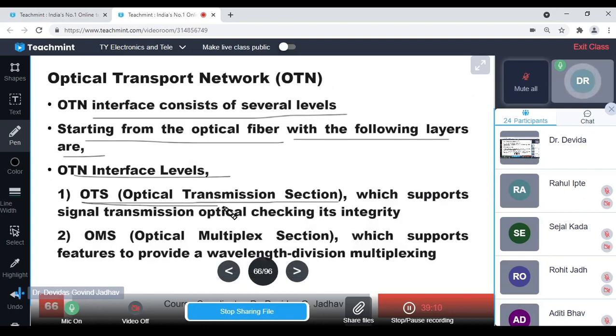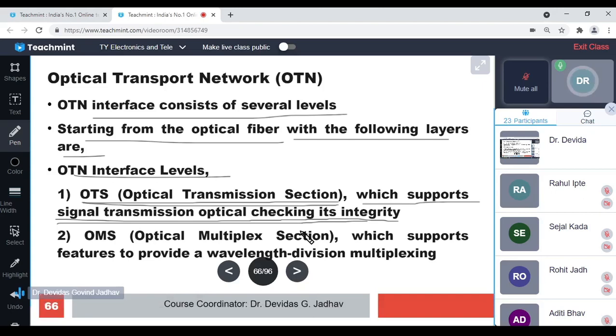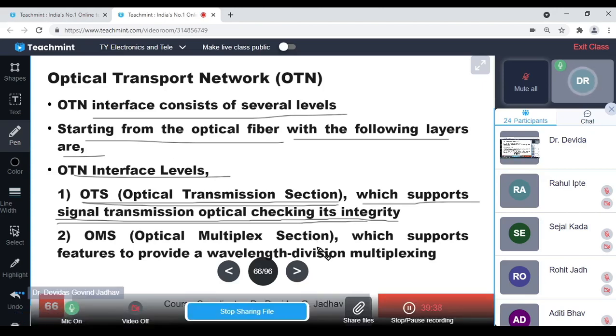OTS, optical transmission section, supports the signal transmission, checking its integrity with optical transmission. So whether it is correct, as a part of that frame, it is checked by the optical transmission section.